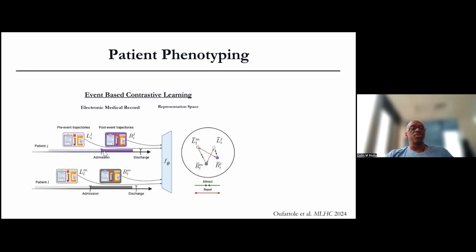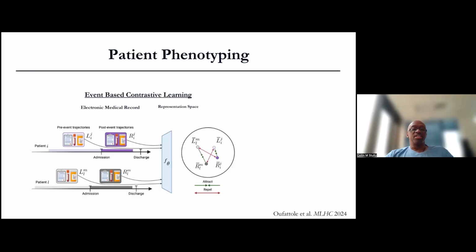So in this case, every heart failure admission for a patient, I'm viewing as being an important event. I have some data before the admission and after the admission, and I build embeddings. I encode both the data before and the data after. And in event-based contrastive learning, there's a contrastive term that forces these embeddings to be similar to one another. So here, for example, you can tell these are supposed to be close together and those are far away.